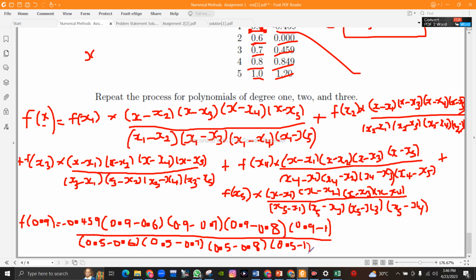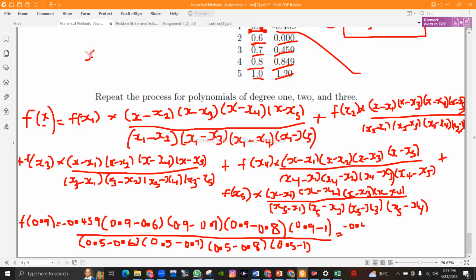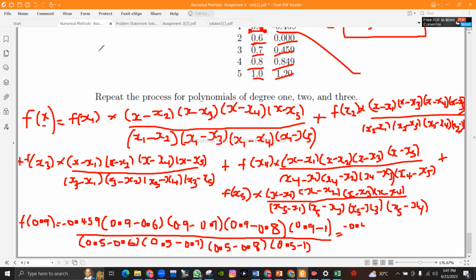So if you do this, that will be minus 0.45. Let me write it here so there will be space. So then, I want to write it here.